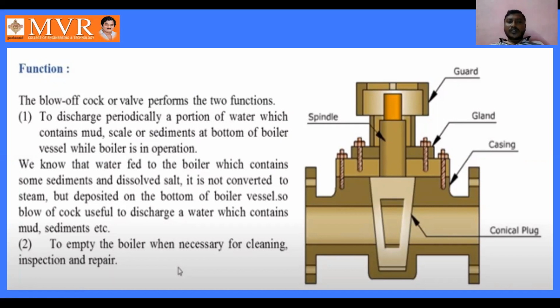We know that the water fed to the boiler contains some sedimentation and dissolved salt, which is not converted to steam but is deposited on the bottom of the boiler shell.